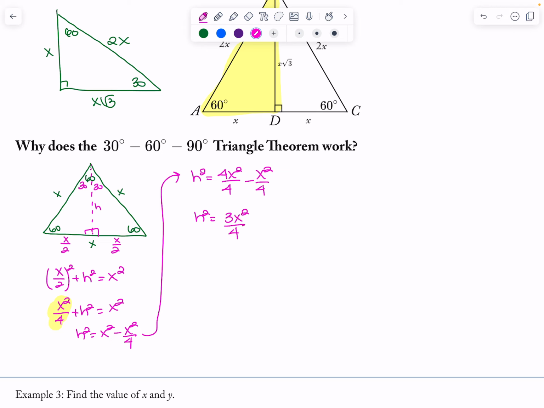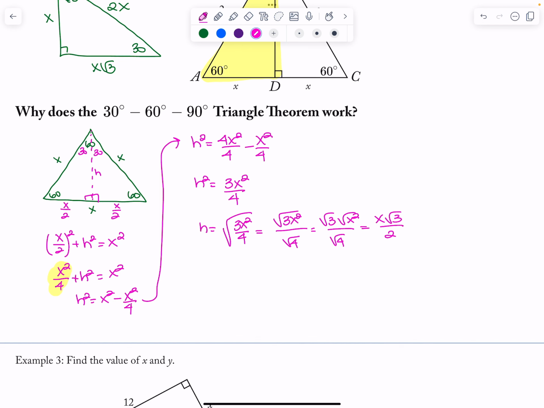And then when I try to solve for h, I square root both sides. This simplifies by roots. I can separate out my roots. And so I get root 3 root x squared over root 4. Square root of x squared is x, this is root 3, and then square root of 4 is 2. So now this side is x root 3 over 2.